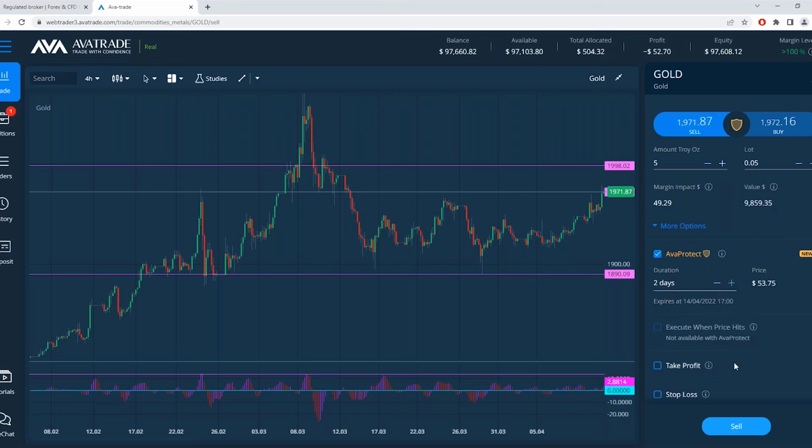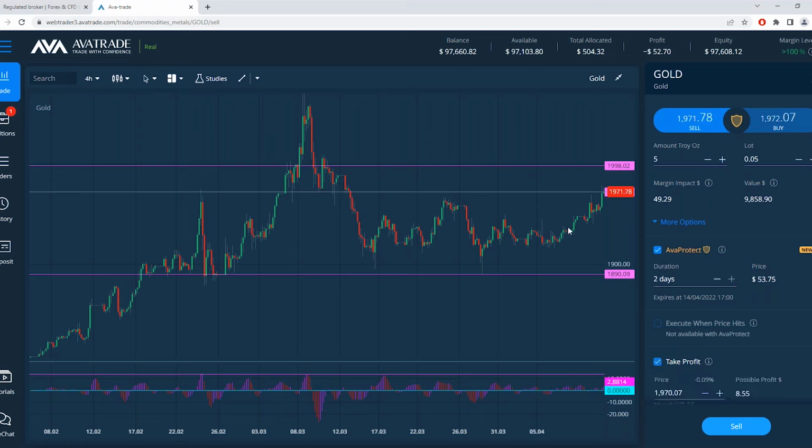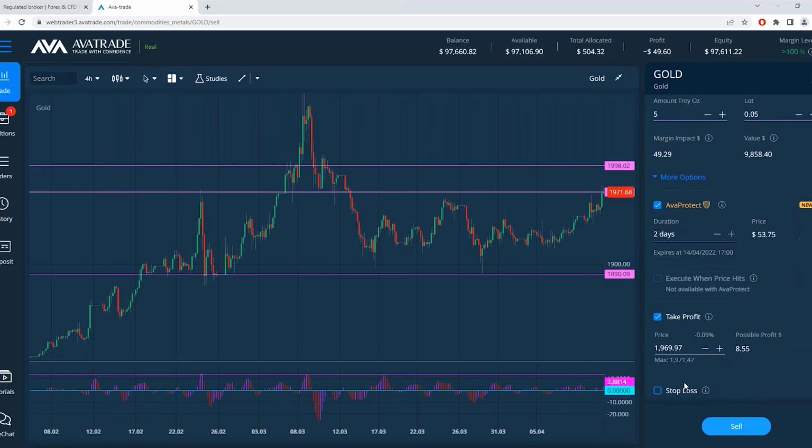Let's do a simulation of selling. Take profit, you could have down near 1900 down here. Let's say just above 1905. Stop loss, we don't need one for a couple days. We're protected with the AvaProtect. And so I can see the ratio is about 6 to 1.